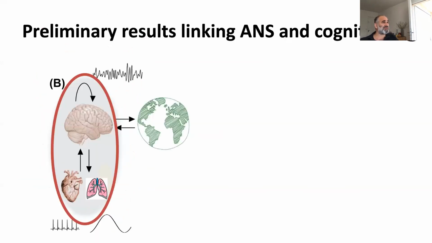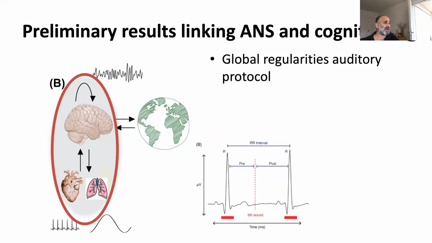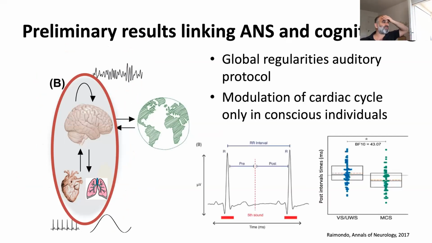We had some preliminary results linking the autonomic nervous system and cognition. In a study published in 2017, we showed that patients in a vegetative state have their cardiac cycle completely independent of the external stimulus. When you put these patients in a situation of trying to detect a global regularity in an auditory protocol, the cardiac activity doesn't change at all.